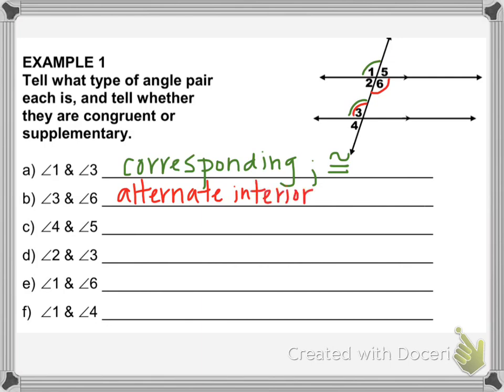And I can see they're parallel by the little arrows right here and here. Alternate interior and alternate exterior will also always be congruent. All right, now we have angles 4 and 5. Here's 4, here's 5. Those are on the exterior, but they're also alternate, so they're alternate exterior.